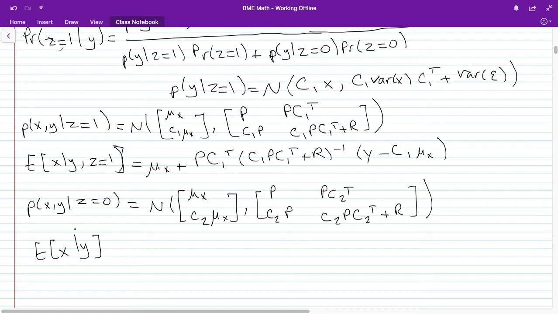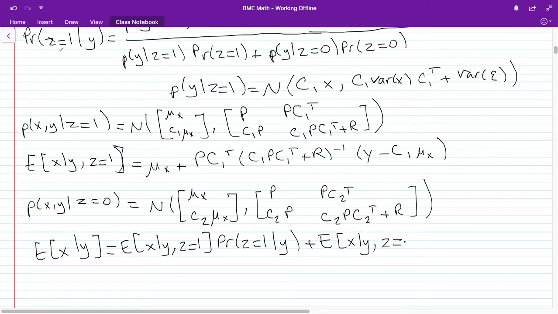So the combined expected value of x given y is the expected value of x given y, z equal to 1, times the probability of z equal to 1 given y, plus the other term that remains, x given y, z equal to 0, times the probability that z is equal to 0 given y.